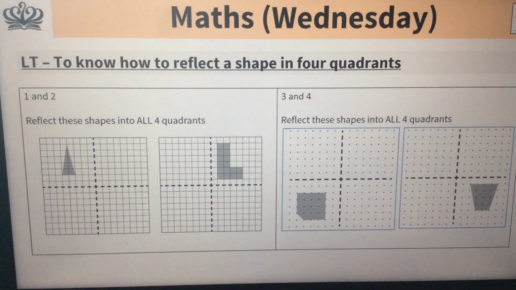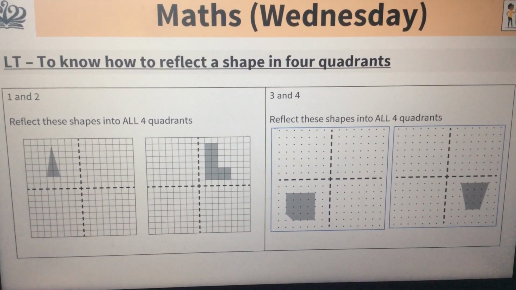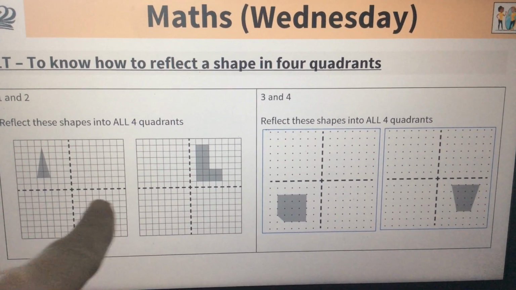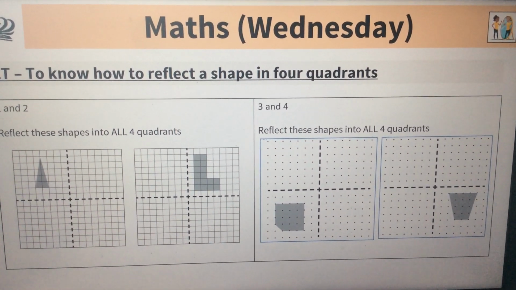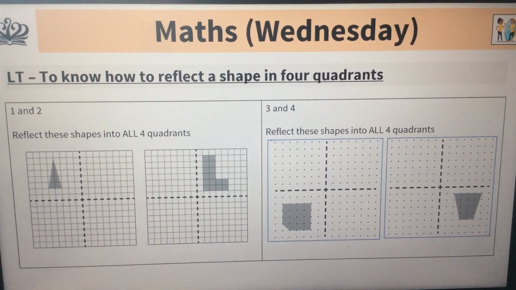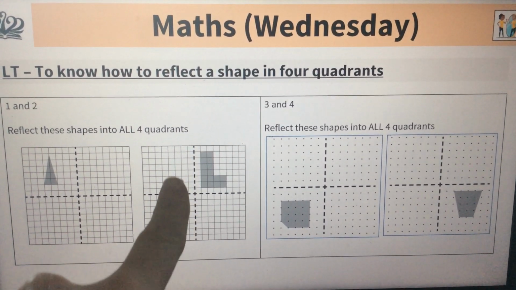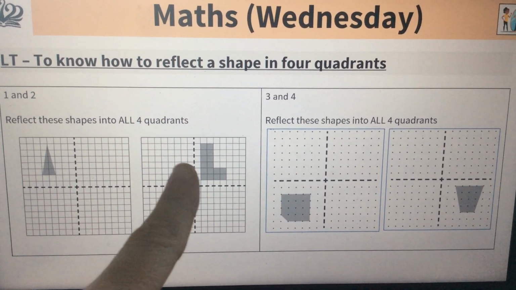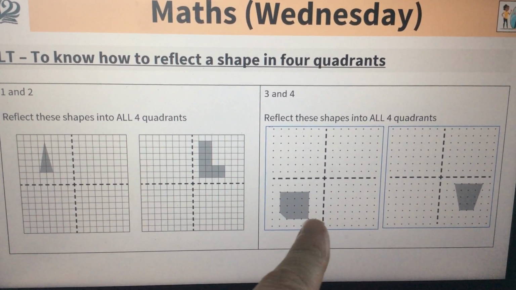Okay, so these are your four questions today, and you need to reflect each shape into the other quadrants. In your answer booklet, there are these tables. This one it will be possible to do straight into your answer booklet because it's squares. The other ones will be a bit tricky because you've got diagonal lines.